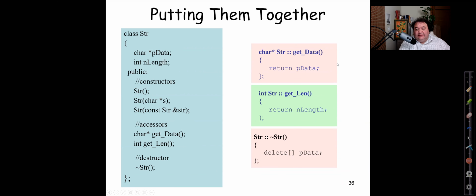So getting the data, basically one returns the pointer to the string itself, very simple. One can return the length, and similarly simple is the destruction of the string, where the length is removed naturally, but the allocated space for the data has to be removed with the delete function.